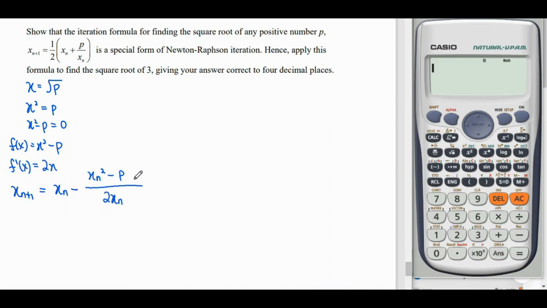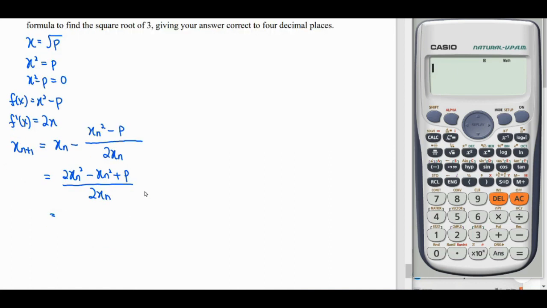So from here we have to simplify and show it has the special form as stated in the question. For this we can get a common denominator, where this term is going to multiply with 2 x n, it will become 2 x n squared. Then we expand the negative. Then we factorize 1 over 2 from the function.